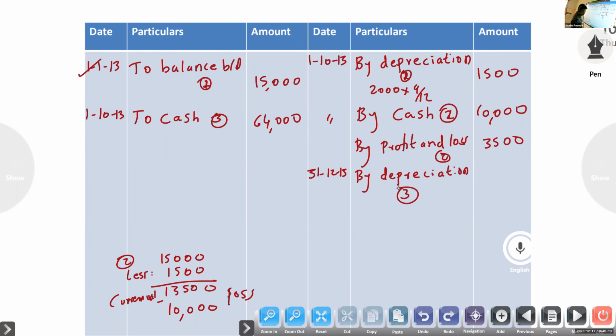Now only third one. So only 3 months we used. Because 1st October, November, December. 64,000 into 10% into 3 by 12. Is it correct? October, 3 months.